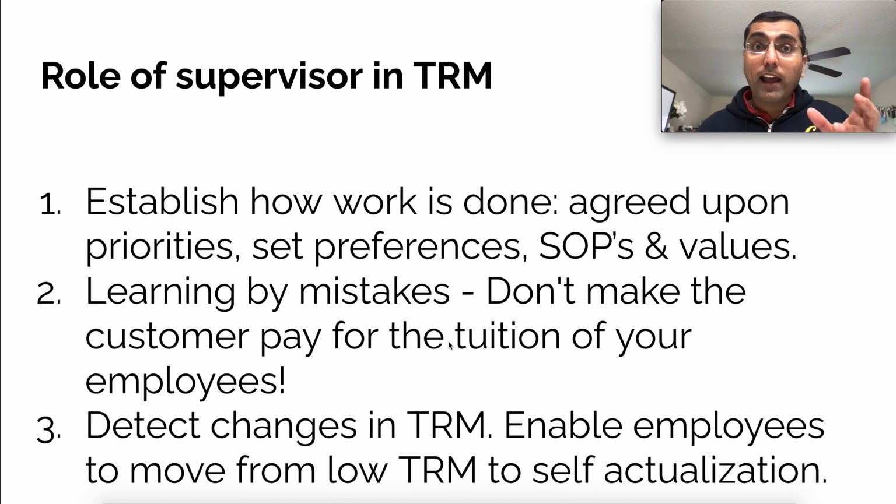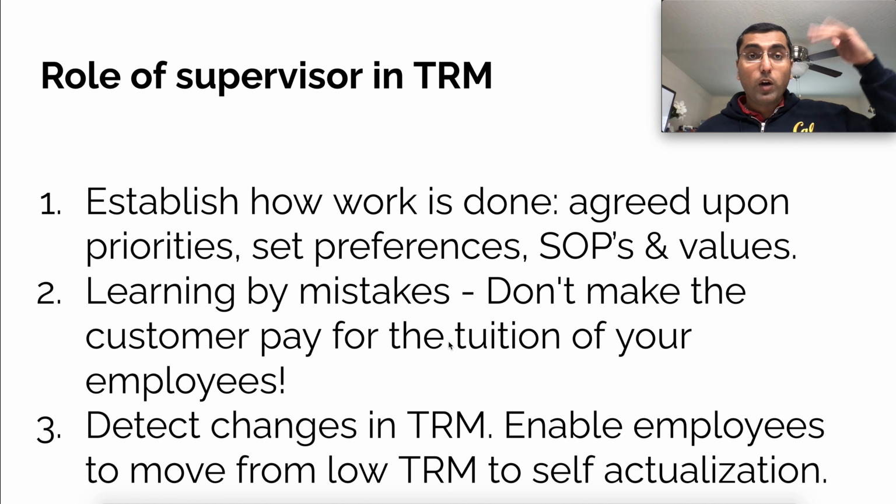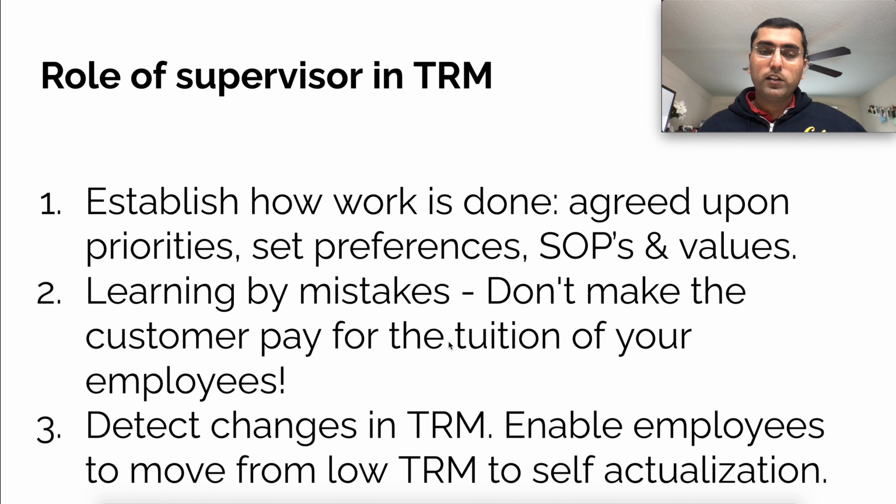So you have to detect that. You have to detect when you have to come in, jump in and support. You have to enable your employees to go from low TRM to medium to high TRM, where they are actually self-actualizing their true potential, giving their best, giving their peak output. And if you do that, then your role as a supervisor is done.